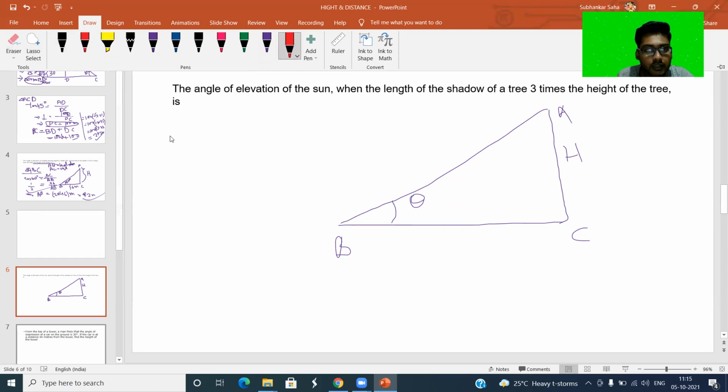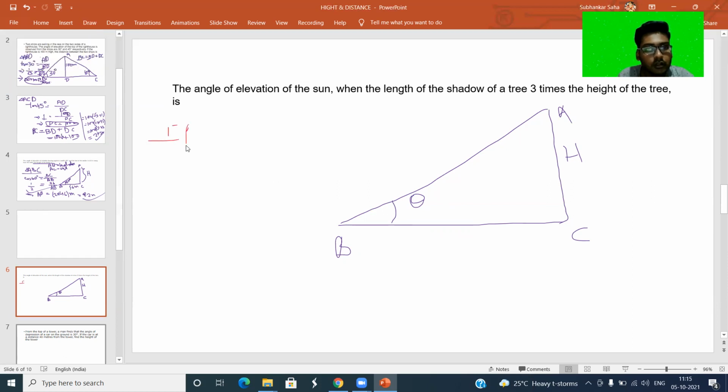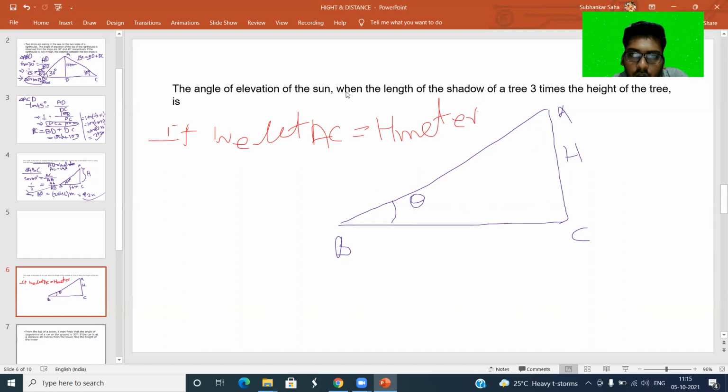If we let AC be h meter, the length of the shadow of the tree is 3 times the height.